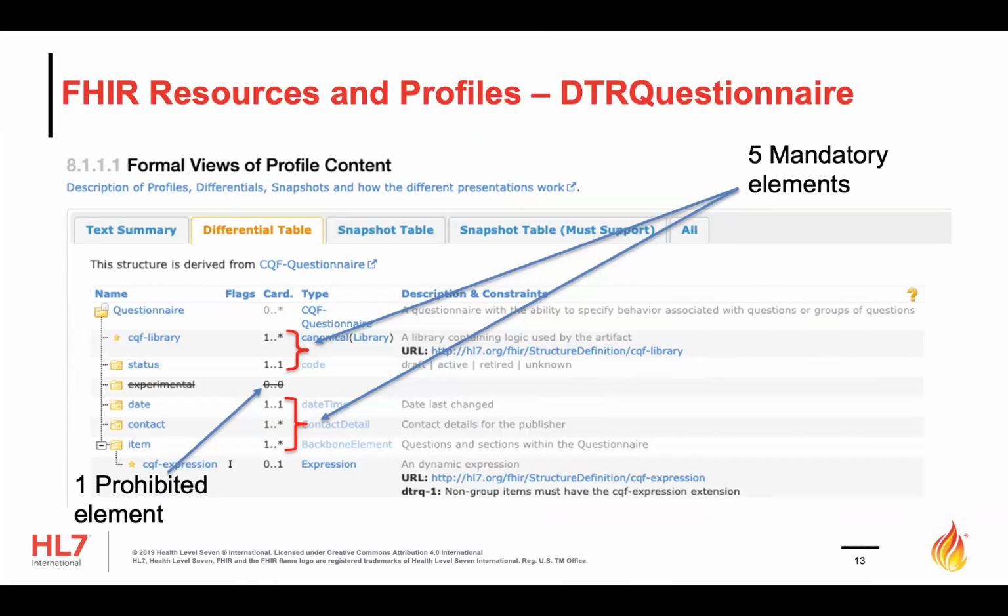So in this case, we have a profile called DTR questionnaire, and this just illustrates some of the mandatory elements, some of the prohibited elements that we've profiled. If you were a new developer or this was a new project that maybe your company asked you to work on, these are some things that you would probably jump in and, okay, make sure you have these required fields as you start developing this.